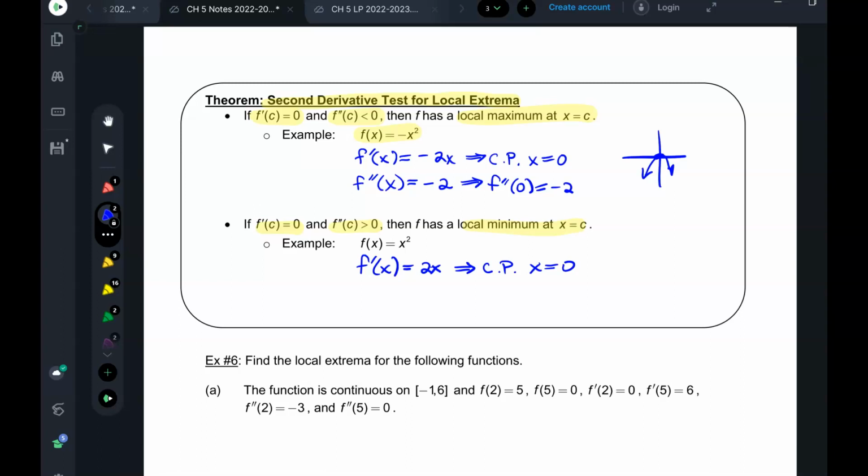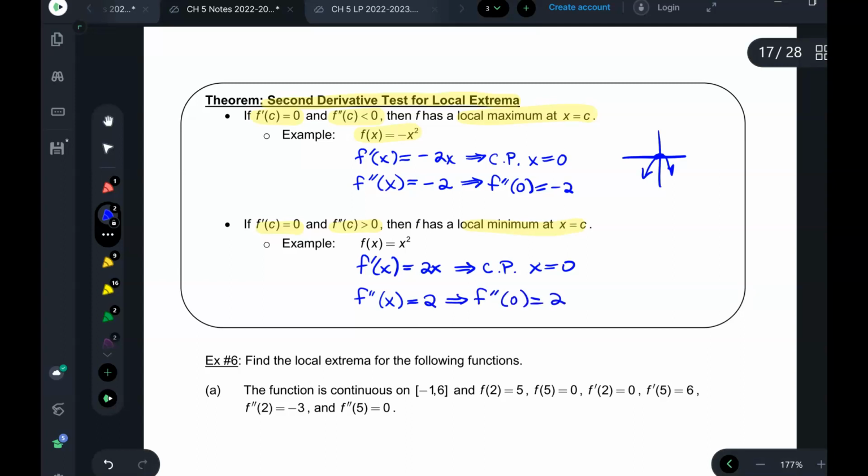It's just the exact opposite. The second derivative gives us 2, so the second derivative at 0 is 2. Again, this tells us that we have a horizontal tangent at 0 and it's concave up, so that means this has to be a minimum.